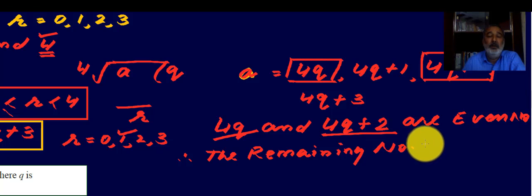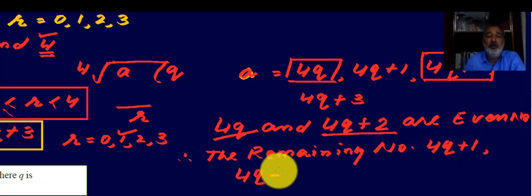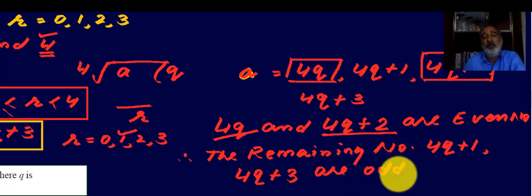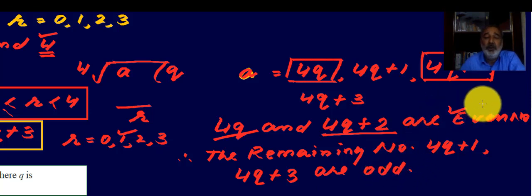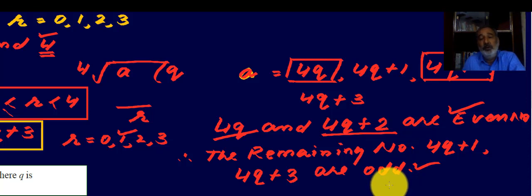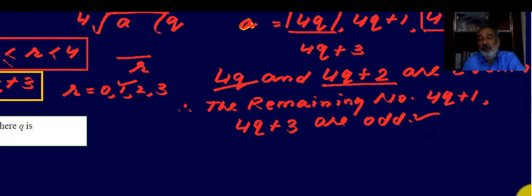Remaining numbers 4q plus 1 and 4q plus 3 are odd numbers, as positive integers can either be even or odd. इवन और ऑड में जब हम डिवीजन करते हैं तो कोई भी सेट हम नंबर्स का लें तो उनमें कुछ नंबर्स इवन यदि हम निकाल दें तो बाकी रिमेनिंग ऑड नंबर्स ही बचेंगे. लेट्स सी नेक्स्ट क्वेश्चन.